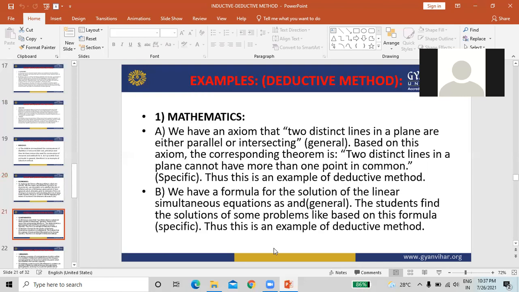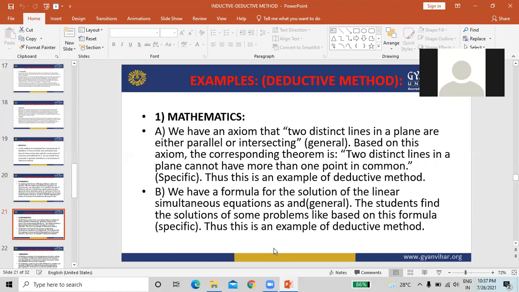Now we will discuss some examples of deductive method. First, we will discuss the mathematics subject. We have an axiom that two distinct lines in a plane are either parallel or intersecting.